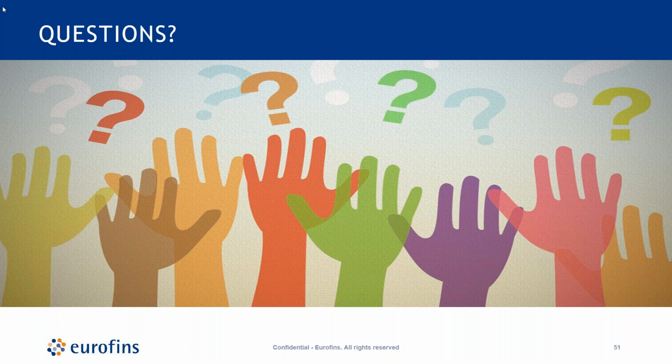The first one that has come in: what is the relationship between method robustness and ruggedness? I can answer that one. Those terms are typically used interchangeably. I think the quickest way to answer that is that method robustness are those characteristics that are intrinsic to the analytical procedure.